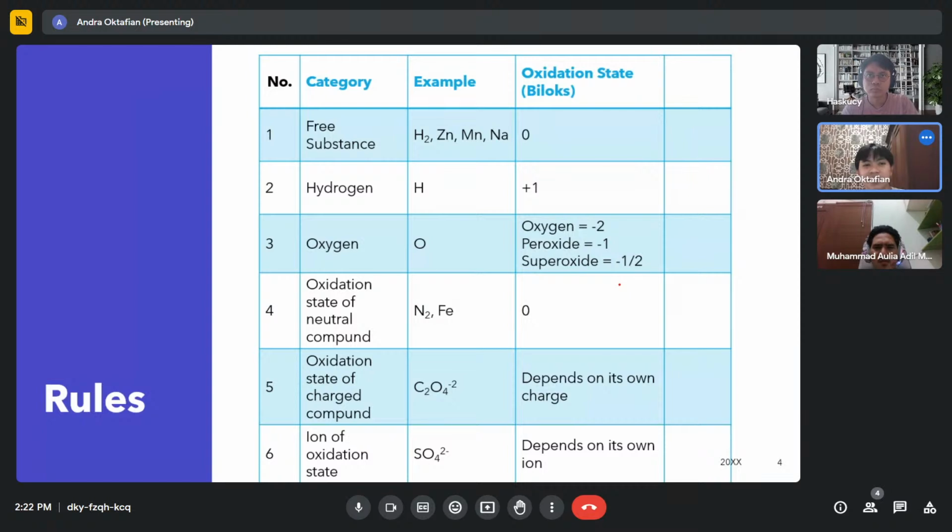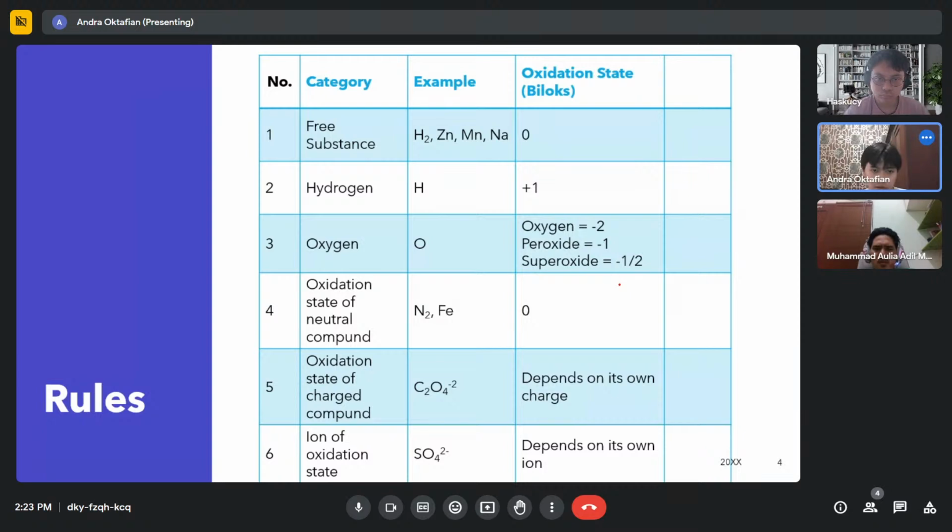But if it's a hydrogen compound, just add plus one for the oxidation state. And for oxygen, it's going to be -2, but when it comes to peroxides and superoxides, they are respectively -1 and -1/2.